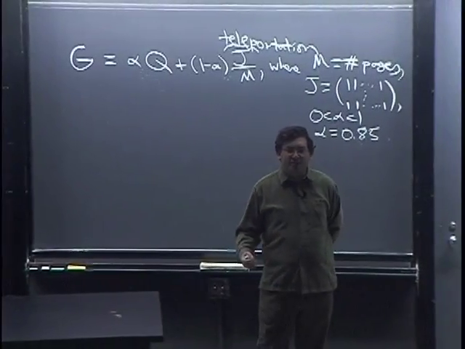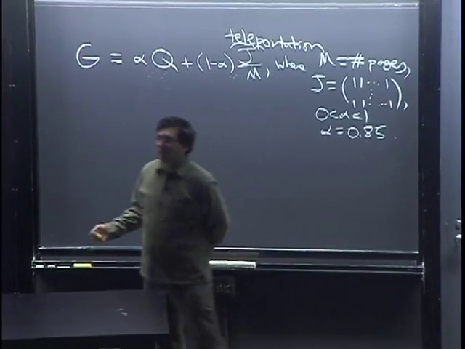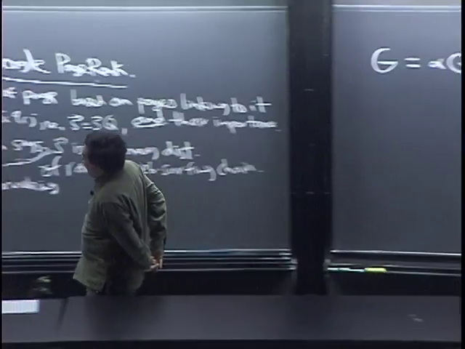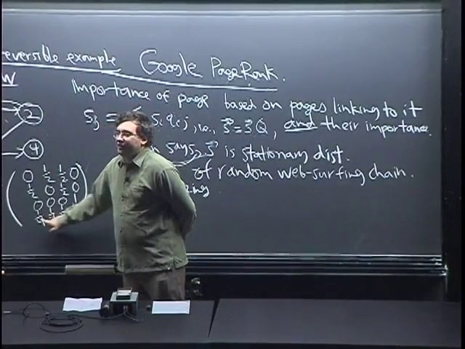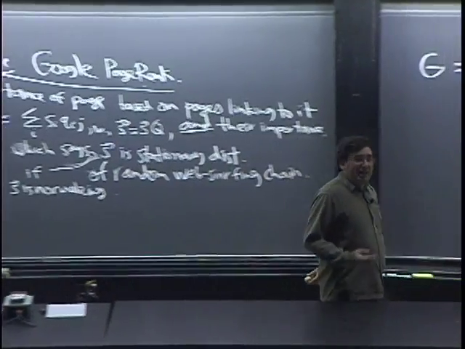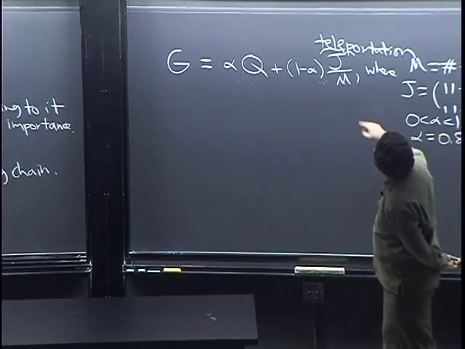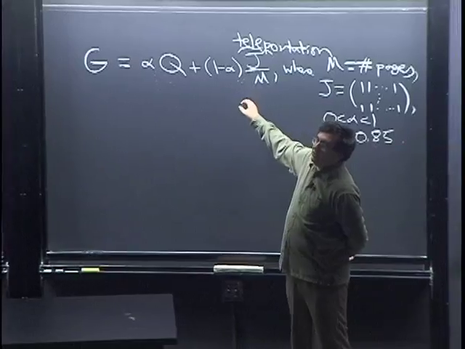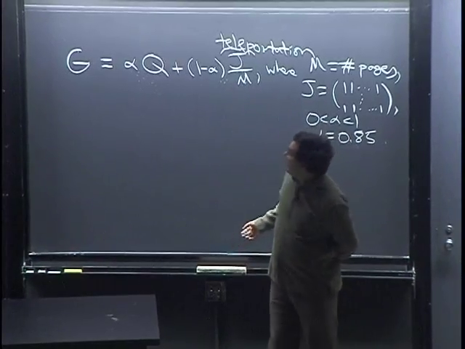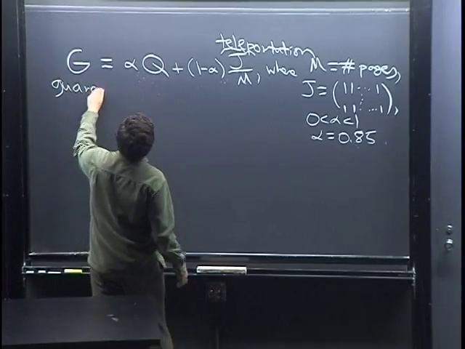Can you get from anywhere on the web to anywhere just by clicking links? Well, I guess if you have this page, that would help a lot. But it may take ages to get from one page to another. And this allows there to be some small probability of getting from anywhere to anywhere in one step. So this guarantees irreducibility, for one thing.